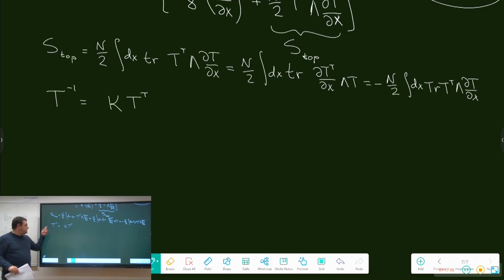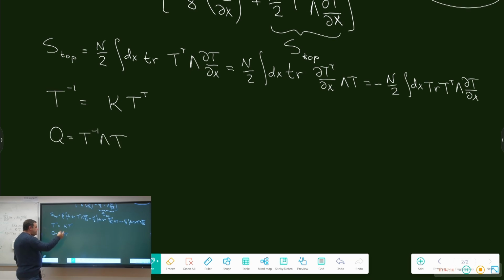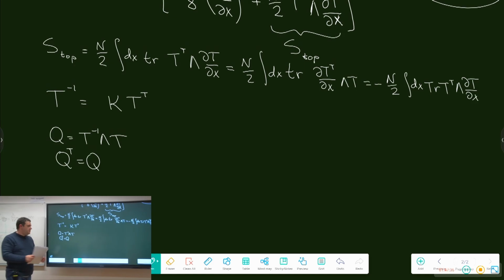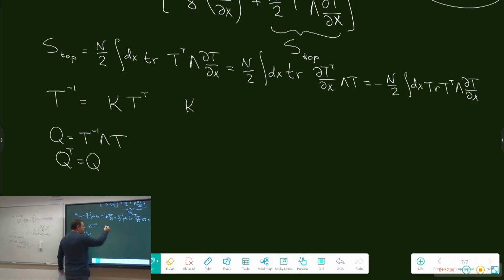So let me put it this way. If the Q matrix equals T inverse lambda T, and on top of this we demand that Q is a symmetric matrix, to fulfill this condition, we don't have to say that T is orthogonal. We should say that T transposed and T inverse are just related by simple rotation. That, as usual, whenever you see letter K, it means this letter commutes with lambda.